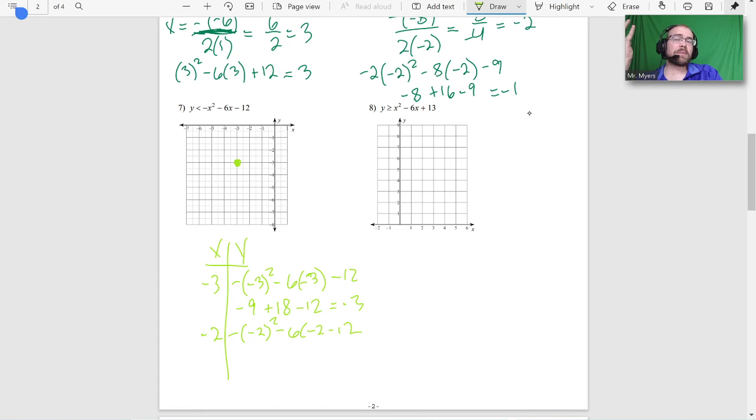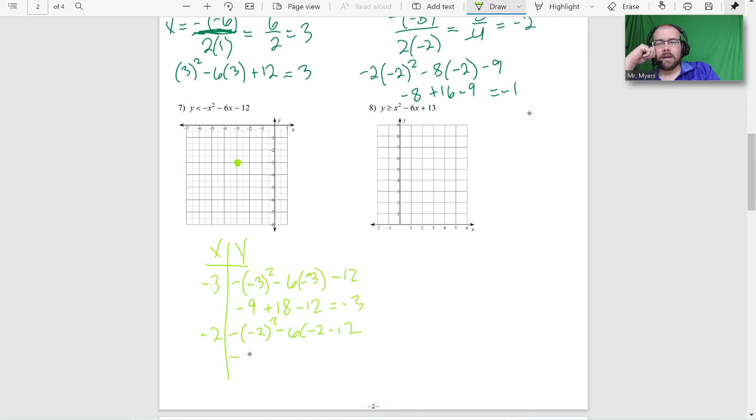And if you do guess where the vertex is, it takes less time. Because you've got to find the vertex. Pretty much every teacher wants to know where the vertex of your parabola is. You couldn't just say, oh, there's my parabola. They're not going to like that. They want to see the vertex and see the curve, see the bend.